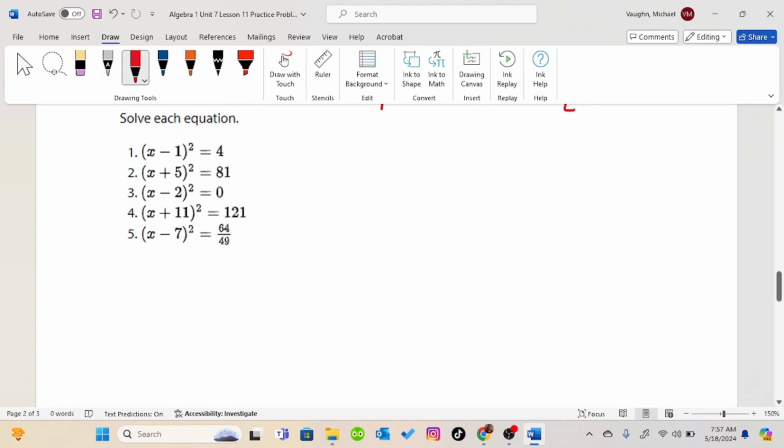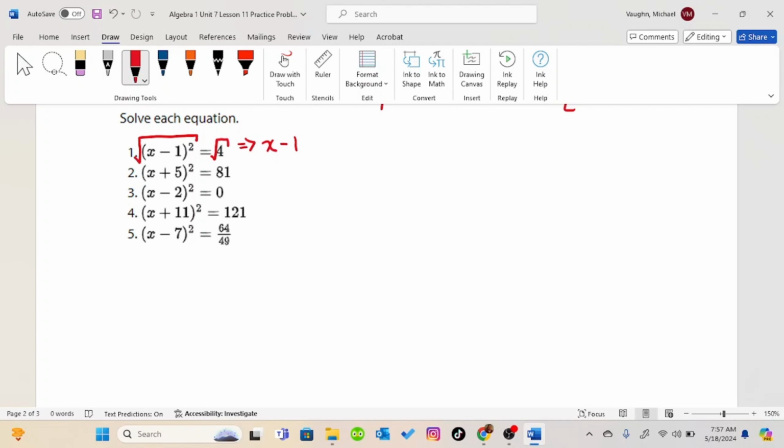So for number 1, the first thing we're going to do is take the square root of both sides. If I take the square root of something that is being squared, all I have left is what's on the inside. So x minus 1.